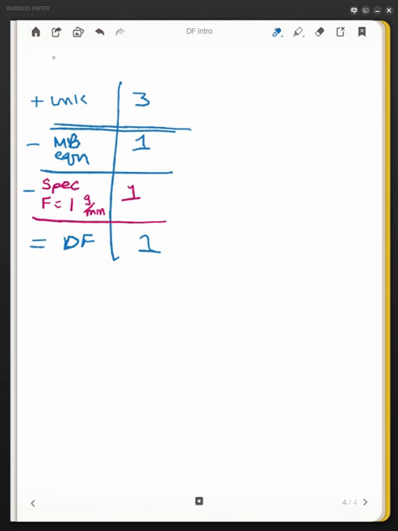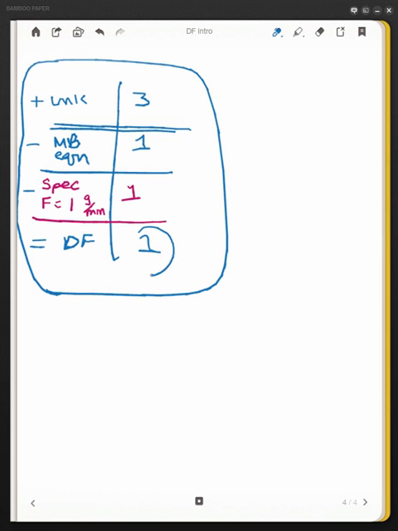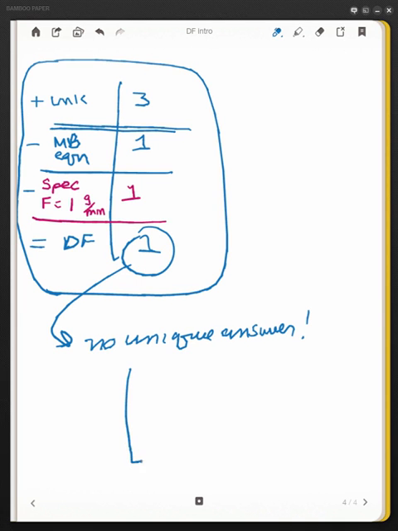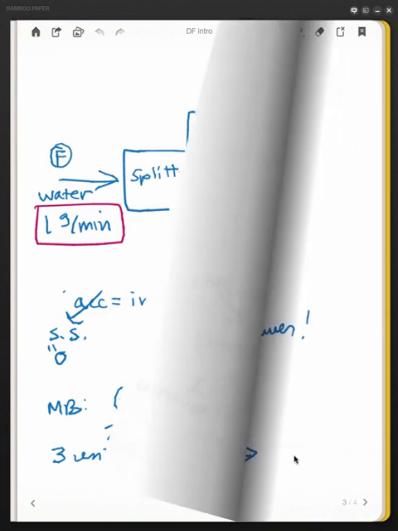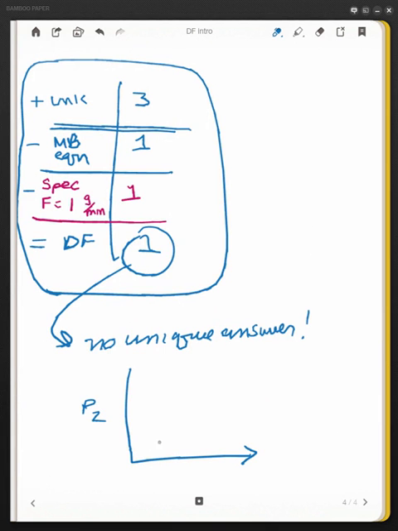So what that means is there's no unique answer to this problem. It's kind of like you could write the solution in a one-dimensional form, where if you happen to know one of these other unknowns, let's go back. We know what F is equal to, so if we knew it, we could plot P2 versus P1.